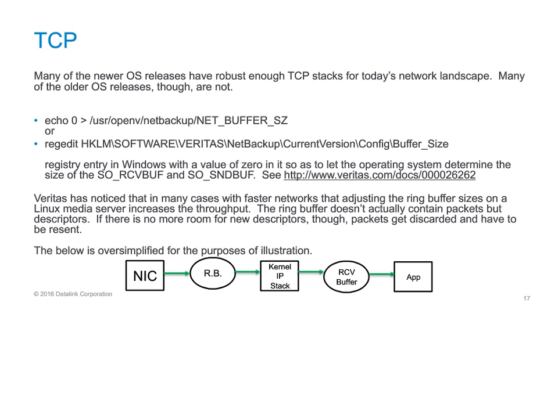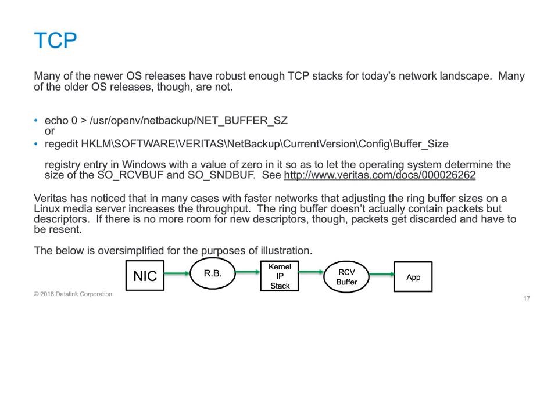Many years ago, and with older operating systems, when the TCP stack was not as robust, NetBackup offered the net buffer size setting, or the buffer size setting on Windows, as an opportunity for NetBackup to tell the operating system how big to make these buffers.